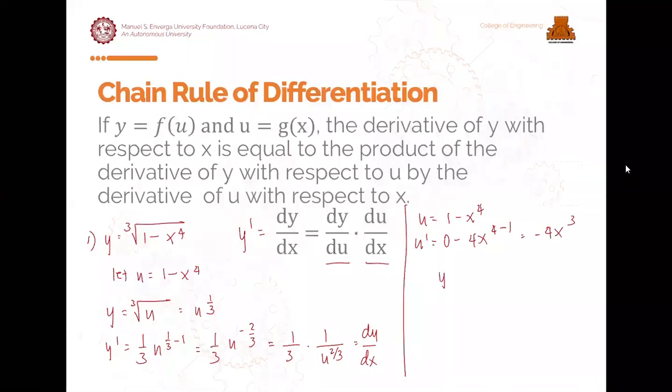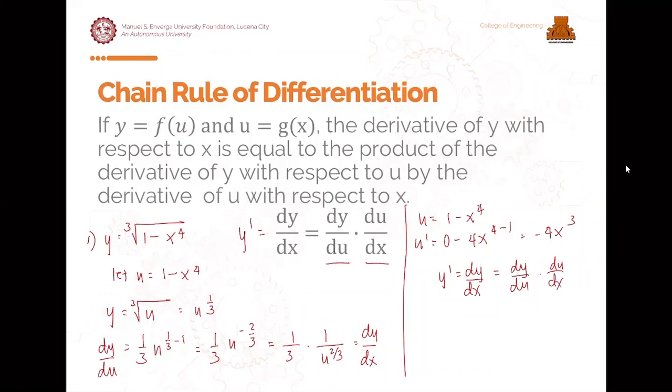So, para makuha yung y prime o yung dy over dx natin, equal siya sa dy over du multiplied ng du over dx.